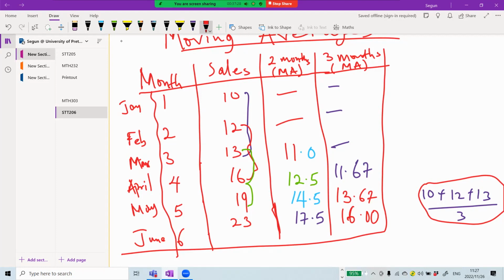When they use three moving average, they add the first three together, drop the first one, add the second three again, drop the next one, add the third three again, drop the next one, and add the last one and drop the last one.